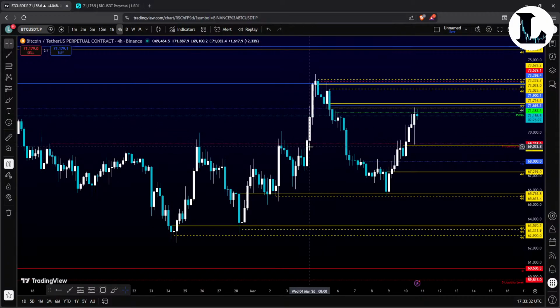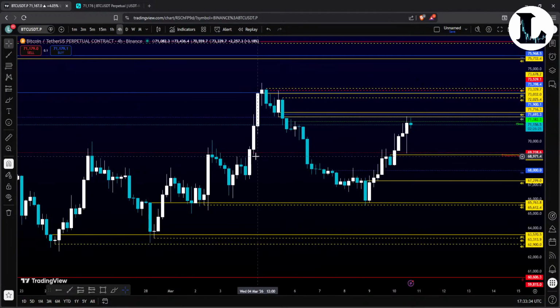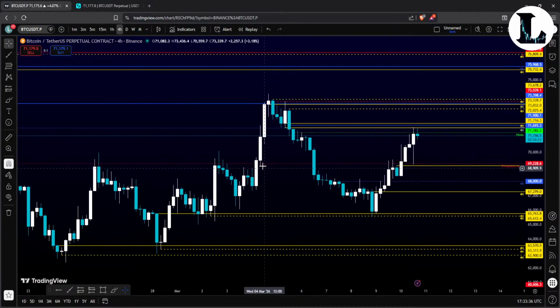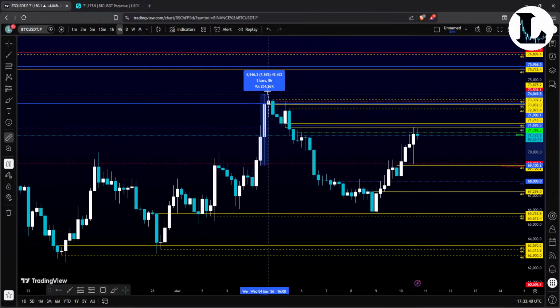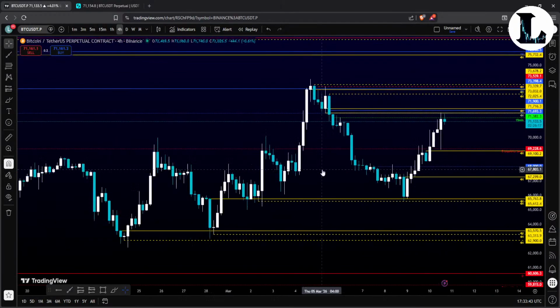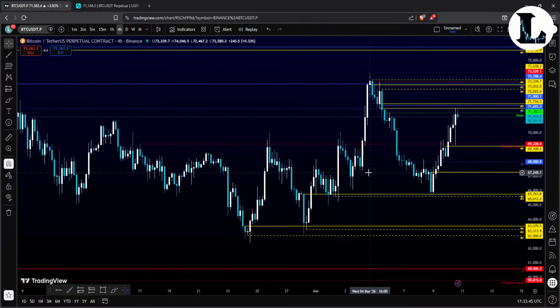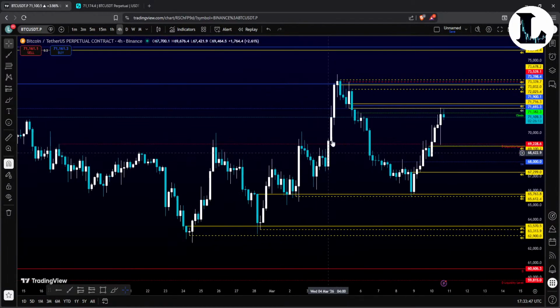And you can see the break level turning into liquidity. We have a slight test on that level and the price has a strong reaction. So liquidity levels are just like that. If we are able to break them, we are going to have a strong reaction and a continuation of the move.